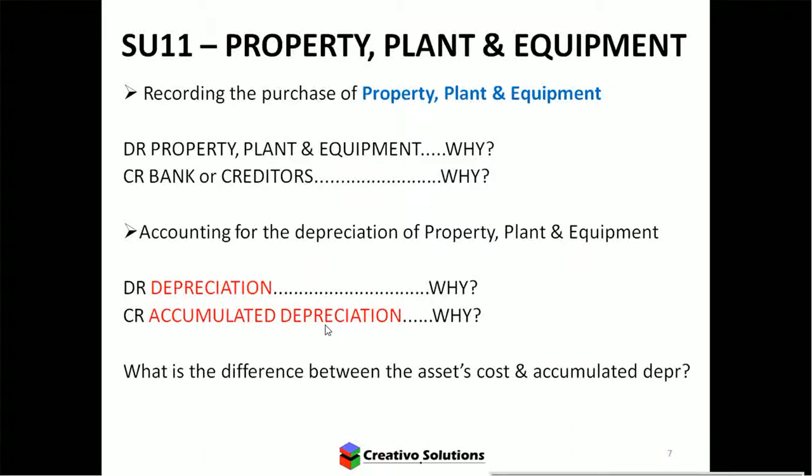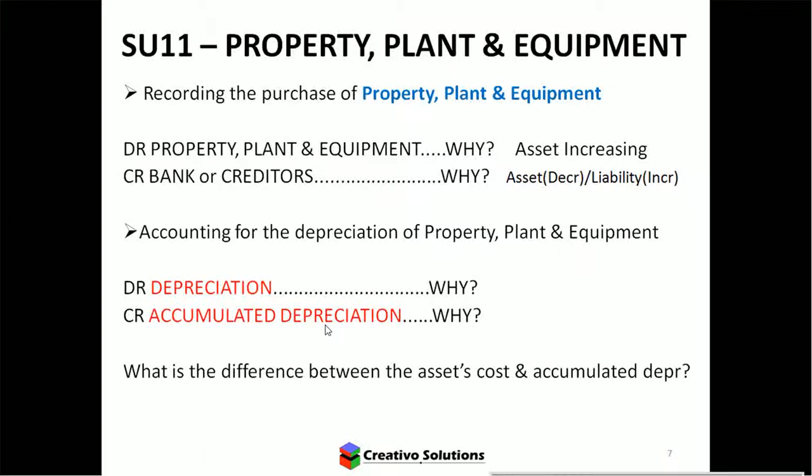Cash or credit. So bank if it's cash, liability if it's credit. So asset increase, asset decrease, or liability increase, depending on what you're doing. Am I using cash to buy or am I using a liability to buy? Right, it's important to understand what the transaction is in terms of its elements. Always bring it back to its basics. Is that right?